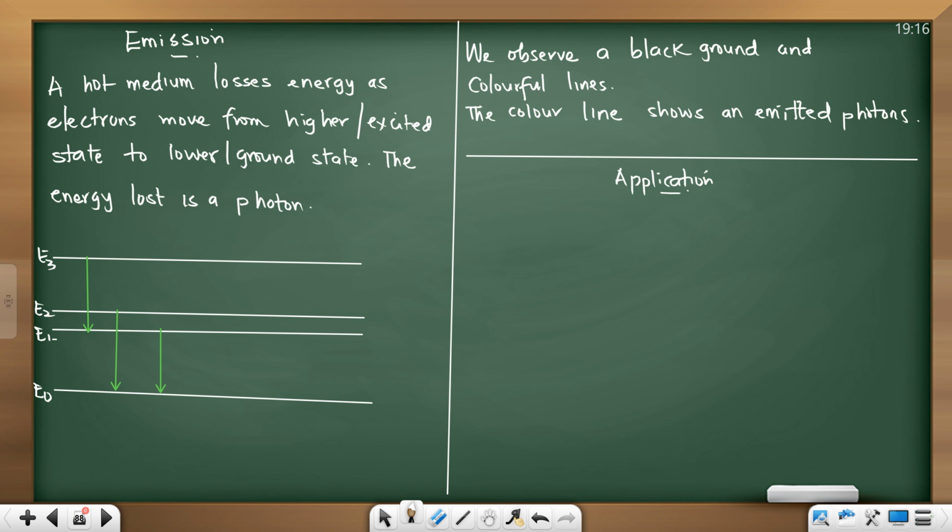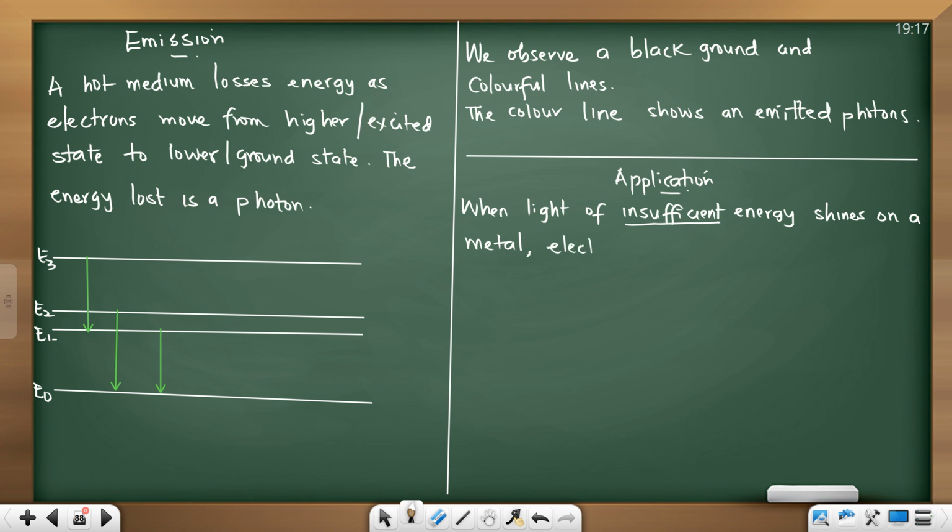Application. When light of insufficient keyword energy, insufficient energy shines on a metal, what happens?